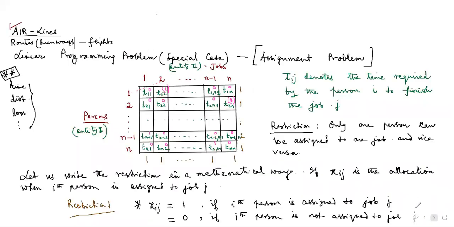Restriction 2 says that if I take the summation, I'm writing it explicitly: X11 plus X12 plus dot dot dot plus X1n should be equal to 1.